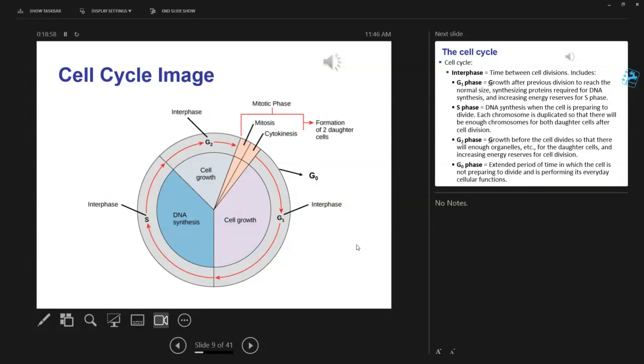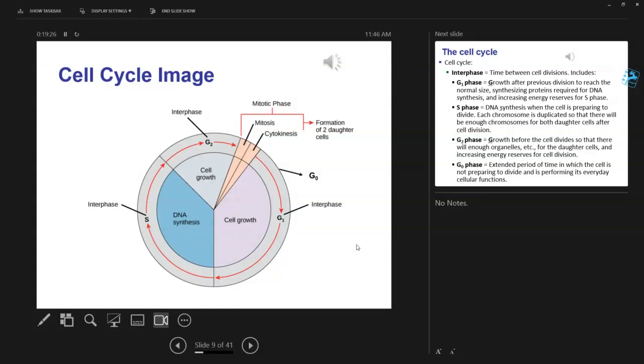And then it'll live on for a while, and eventually it will divide. And then that will be the end of this cell's life, the beginning of these two daughter cells' life. Or this cell will just die. Some cells never divide, they just die eventually. But what happens during the life of this cell is called the cell cycle.